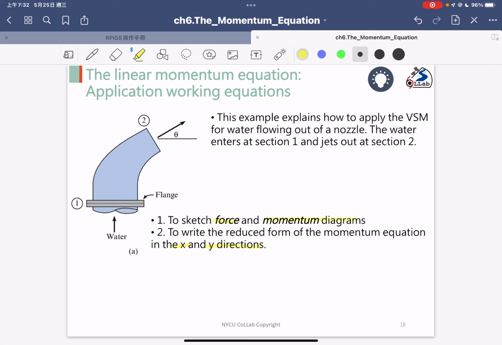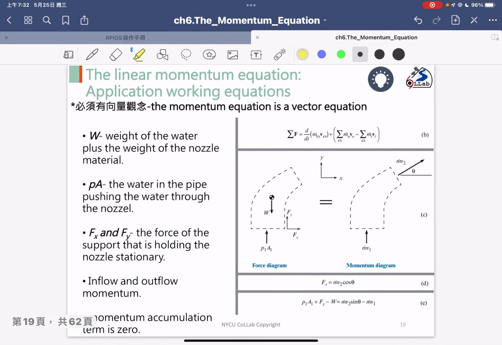So actually we only have two steps. The first one, we plot the force and the momentum diagrams, and the second one, we project the vectors into scalar equations, especially for the x, y or z directions.